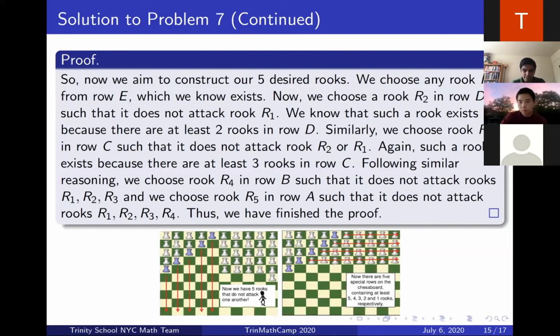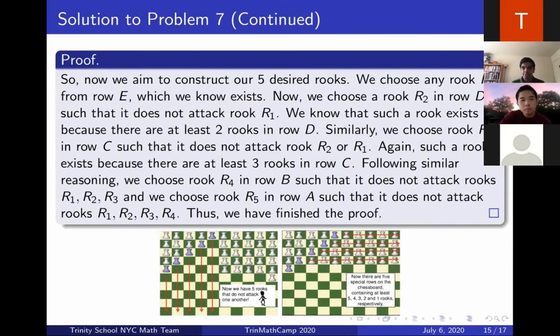So let's say in our worst case scenario, in row C, there exists a rook that is in the same column as R1 and a rook that's in the same column as R2. So it attacks both of those. But we have 3 rooks, so we can definitely find another rook in that row such that it does not attack R2 or R1, meaning it'll be in a different column than R2 and R1.